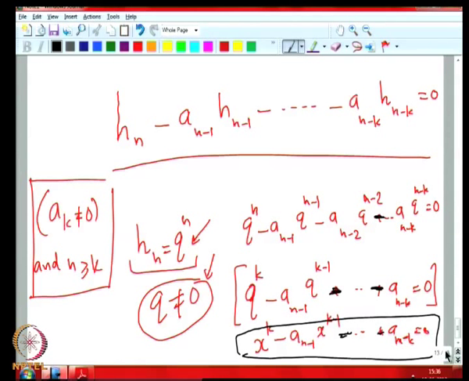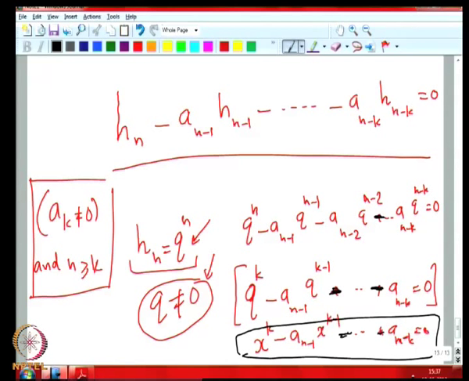Now, of course, we have to find the roots of this characteristic equation. This is a degree k polynomial, and that is equal to 0 is what you are saying. It will have k roots, right.